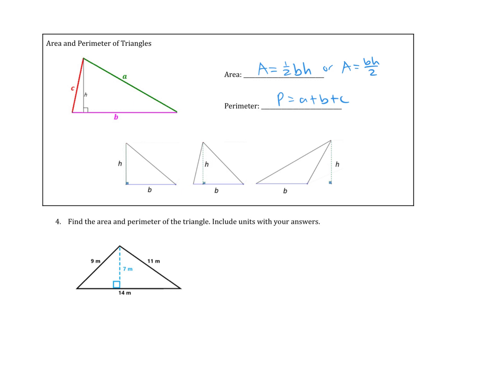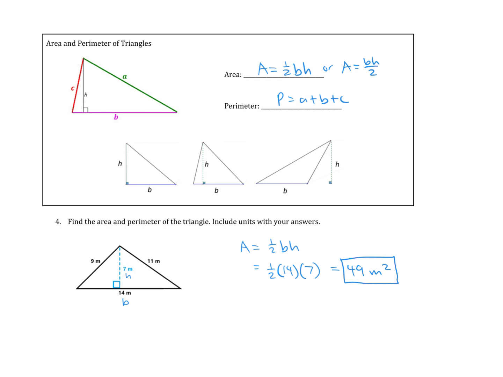Okay, let's do an example. In number 4, find the area and perimeter. So area, I'm going to use 1/2 base times height, will be 1/2 times the base, which is 14, times the height, which is 7. 1/2 times 14 is 7. 7 times 7 is 49. And again, meters squared.